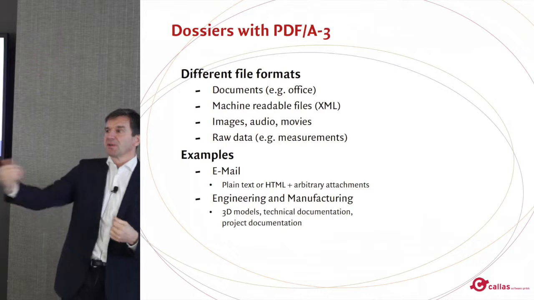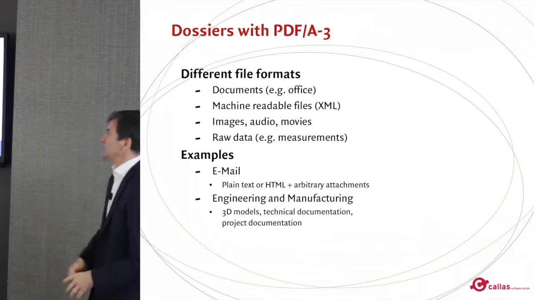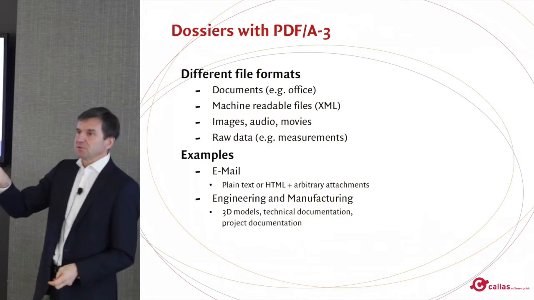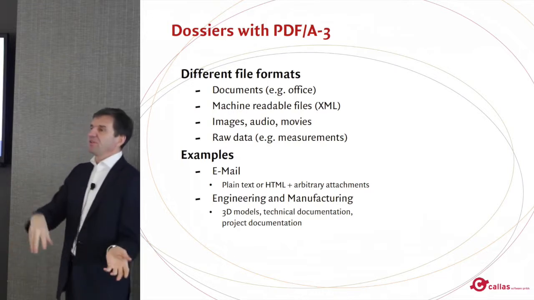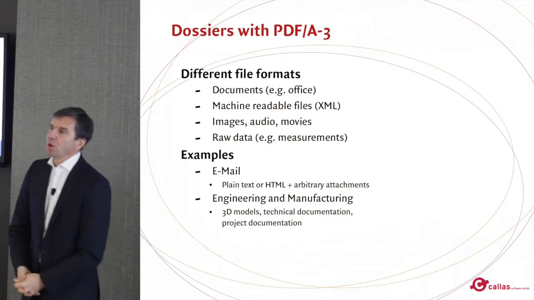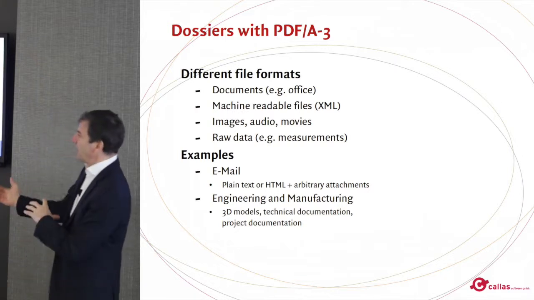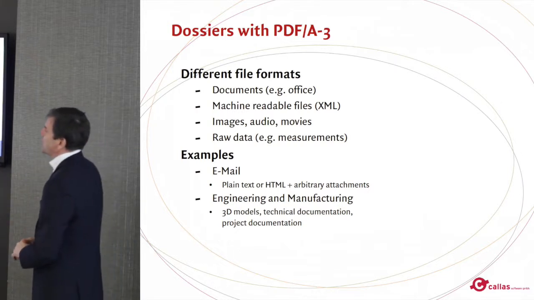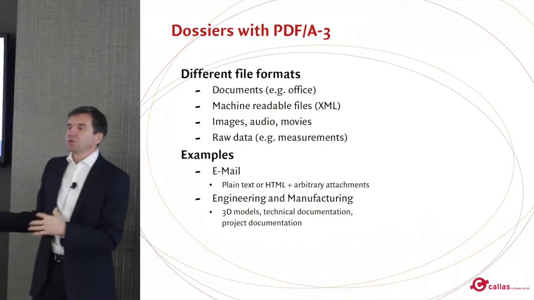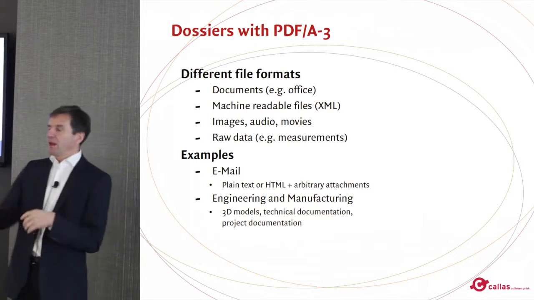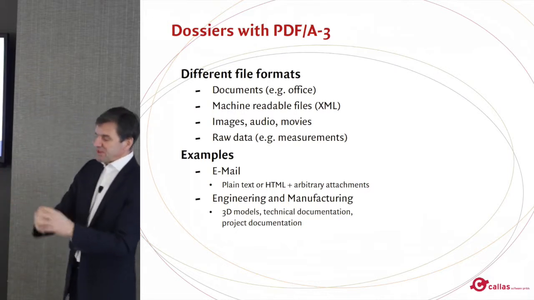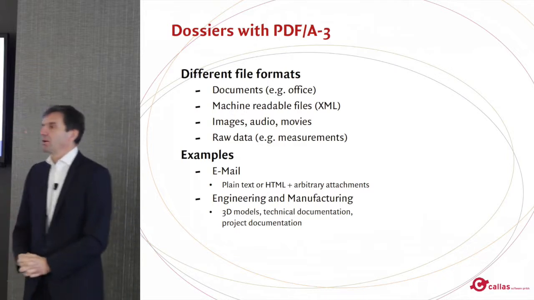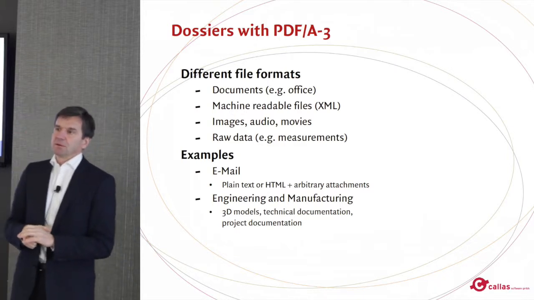So in order to make sure that the receiver is able to read that, it's a robust data format. They understood that. But then they have these 3D drawings in a format which is called JT. And they wanted to embed that JT file into the project file that they wanted to exchange with their suppliers. They could use a zip container or something, but then the receiver would have to unpack the zip container, and then the receiver would have to make sure that the things are carried together in a convenient way.